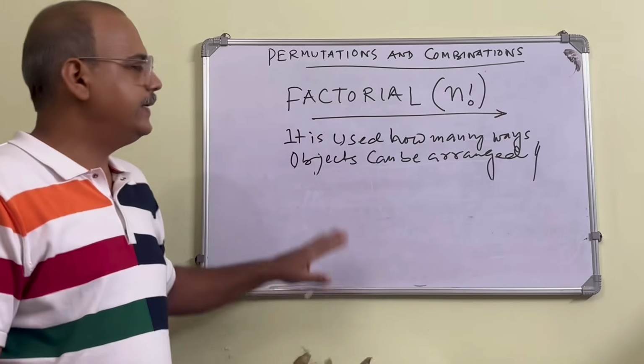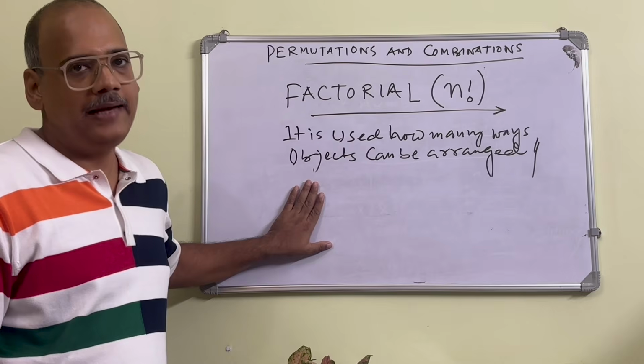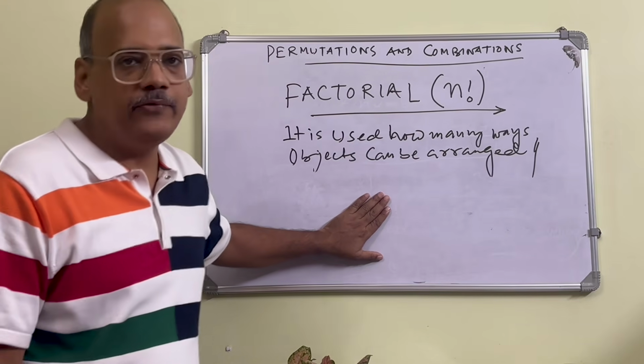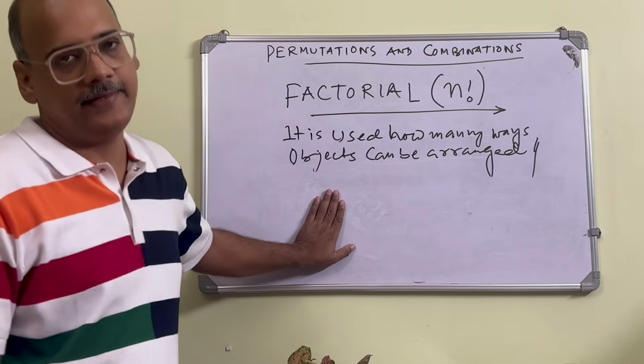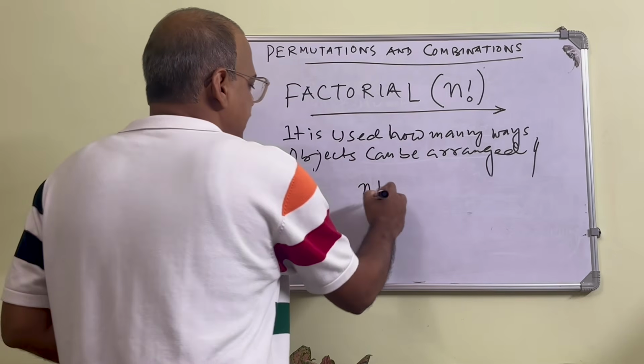A point to note here: if you have been given n distinct letters and you have been asked how many ways you can arrange n distinct letters, what should the answer be? It should be n factorial.